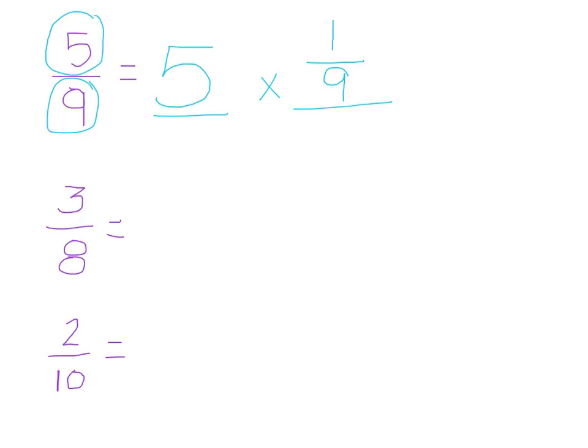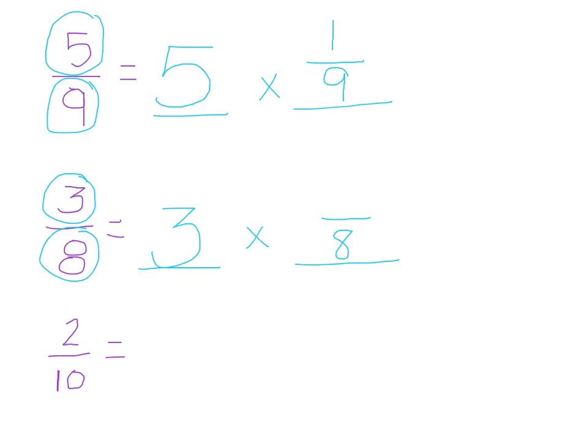So let me do another example. I'm going to take 3/8 and write it as a multiple of a unit fraction. So I'm going to find two numbers that I can multiply together to get 3/8, and one of them has to be a unit fraction. So what I do is I take my numerator, and that becomes my whole number. And I'm going to take my denominator, and I'm going to keep it the same.